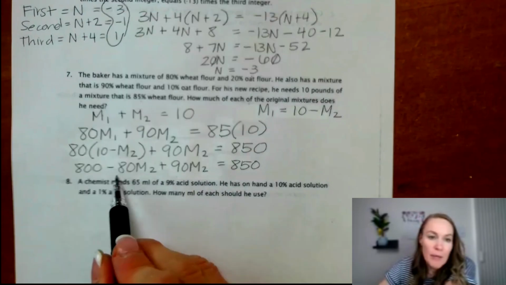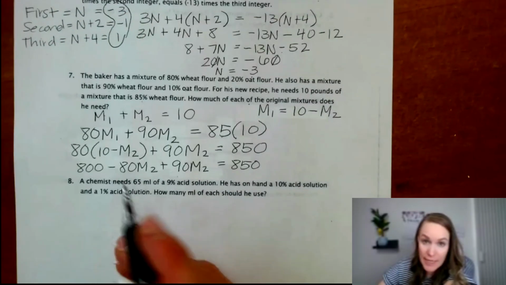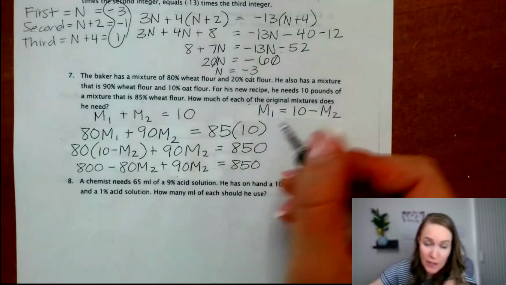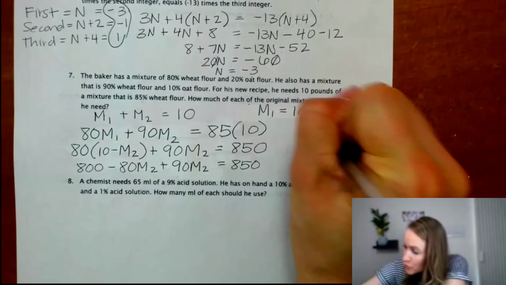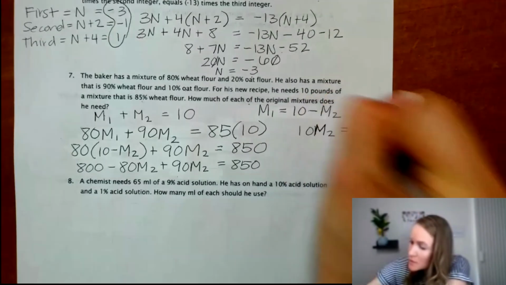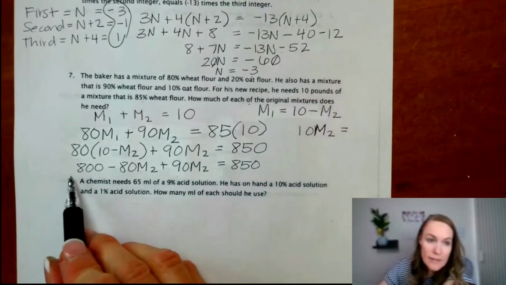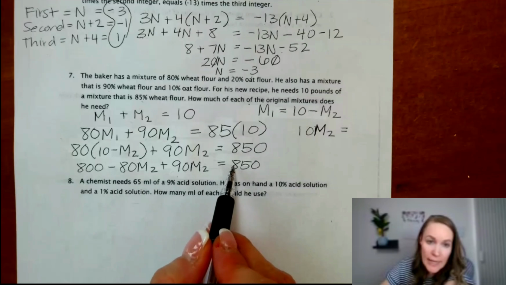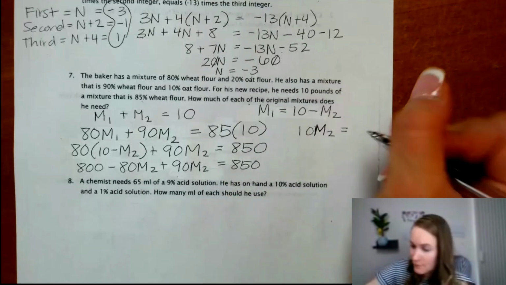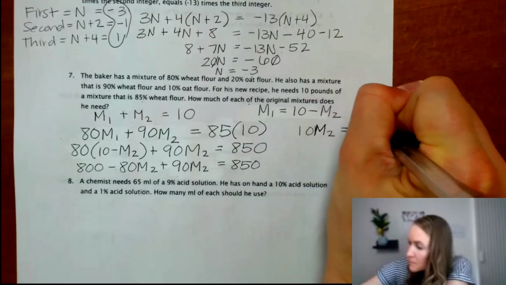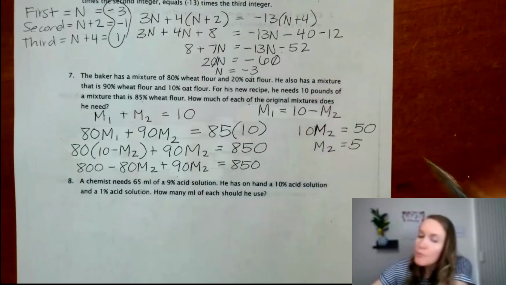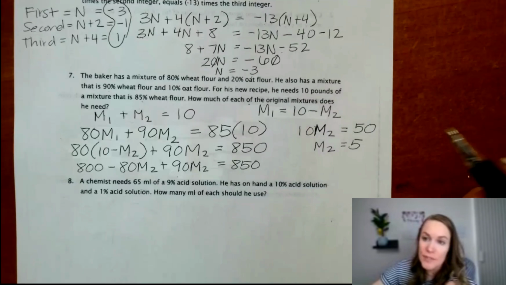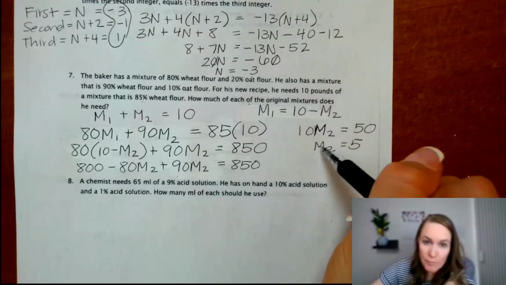So 90 minus 80, that's going to be 10. I'm going to jump up here because I've run out of room. 10 mixture 2 equals, subtract 800, 850 minus 800 is 50. And then mixture 2 is equal to 5. So I'm going to use 5 pounds of flour for mixture 2.